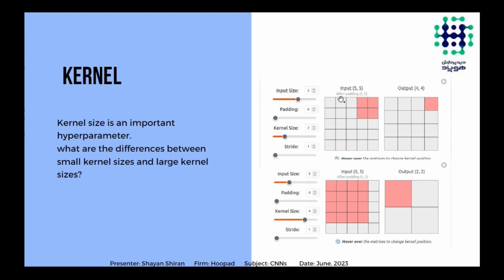Then it performs a dot product here, and the result is stored in this particular index. As you can see here, the kernel size is now 4, and we can see that the extracted features are much larger than the ones in the above figure.